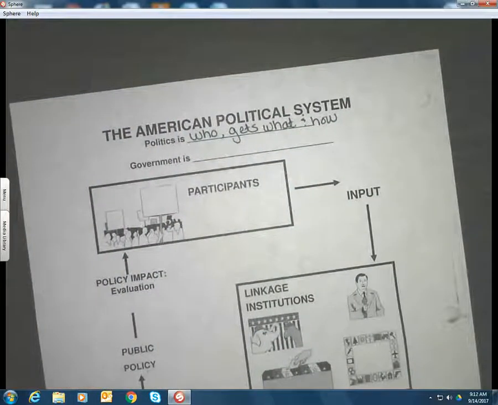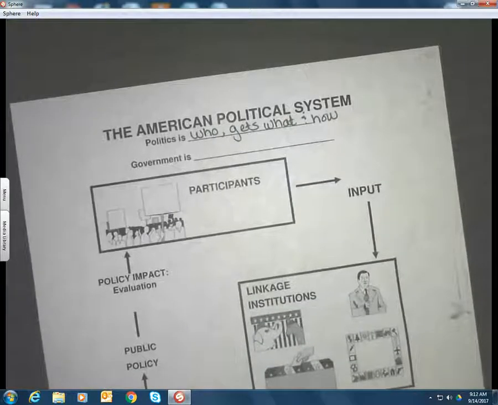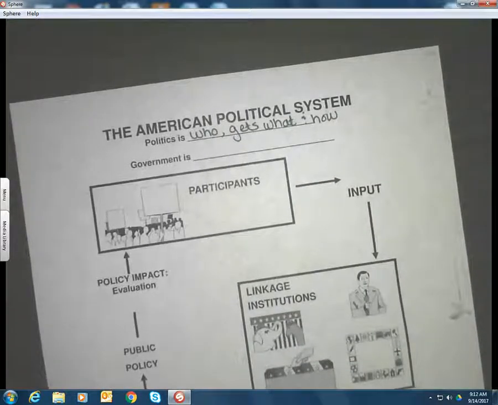So when you think about that, it might change a little bit. Alonzo, when I say the word politics, do you get any kind of feeling from that word? Does that have any kind of connotation to you? No? Okay. What about you, Sage? Go ahead. You guys, you can be critical.